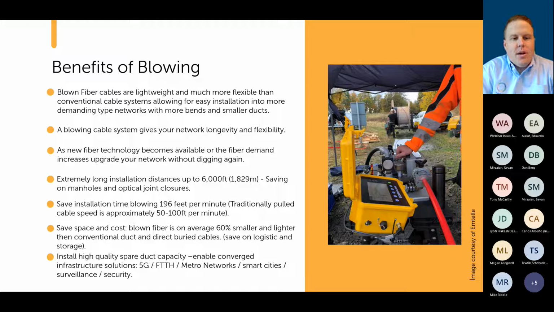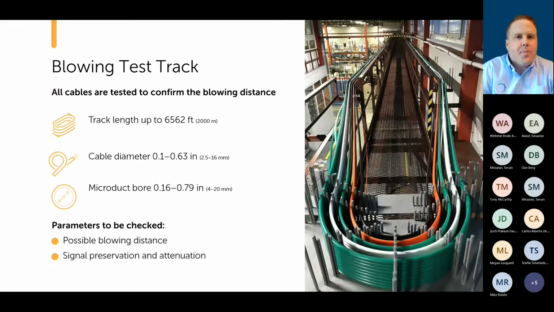And then, touching on the duct, 5G is becoming so large right now, and you've got smart cities, you've got surveillance, you've got so many different needs that are getting added onto these fiber networks. I can't stress enough being able to look forward and see what you might need down the road. And again, you plan ahead. This just gives you so much more flexibility and ability to grow your network down the road at a much lower cost.